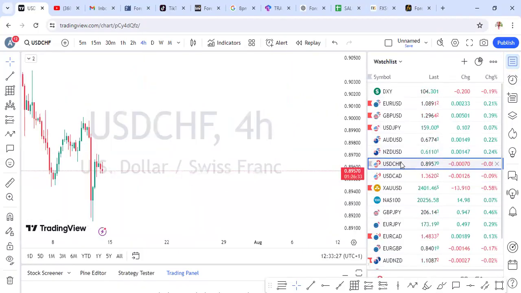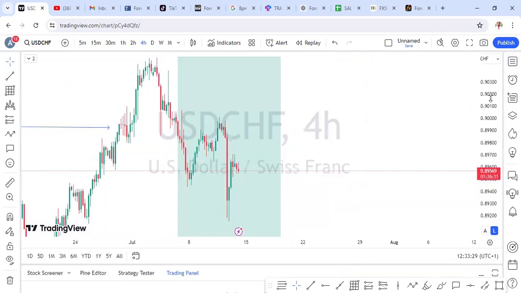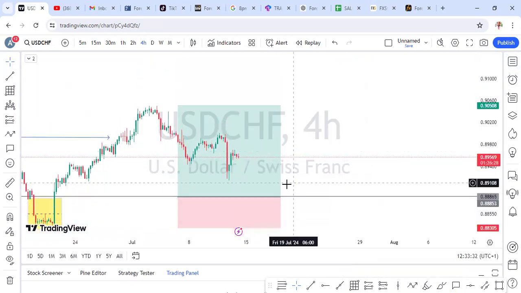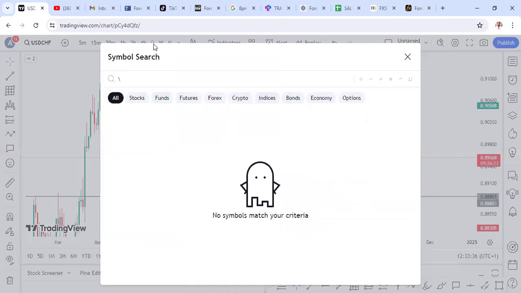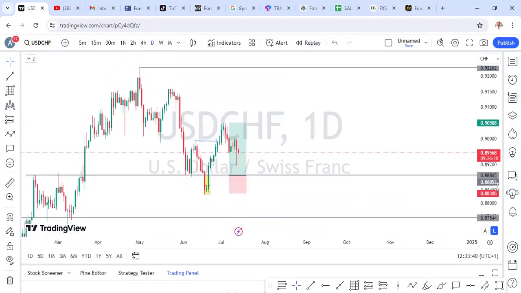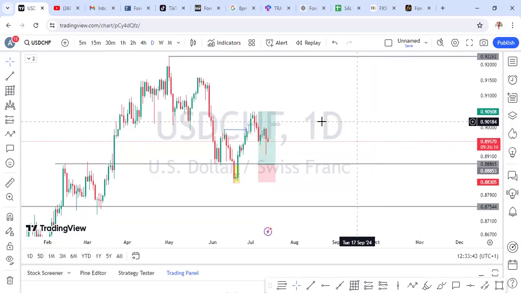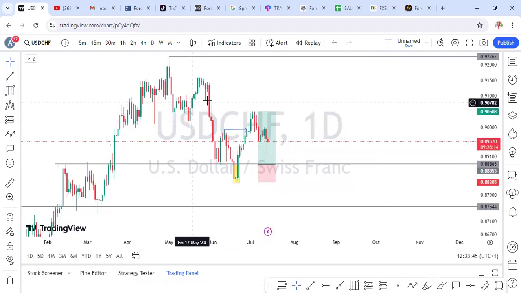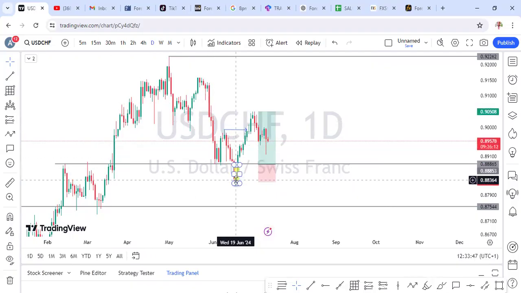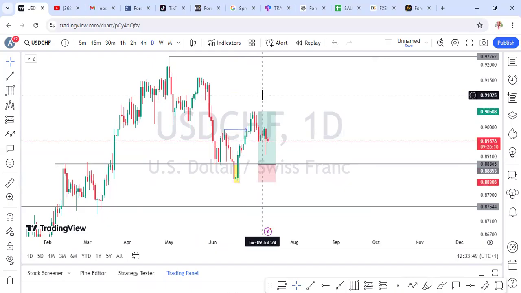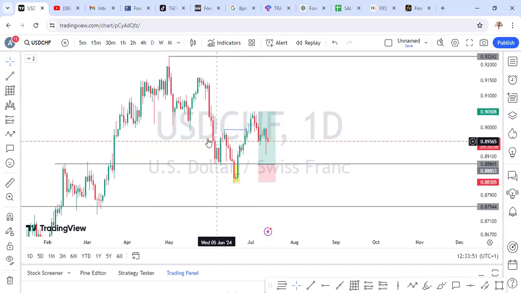USD CHF. I was setting a buy limit here, but it has not come to it. You can see we clearly swept liquidity and price returned back. Now we should aim for a bullish run on this guy.